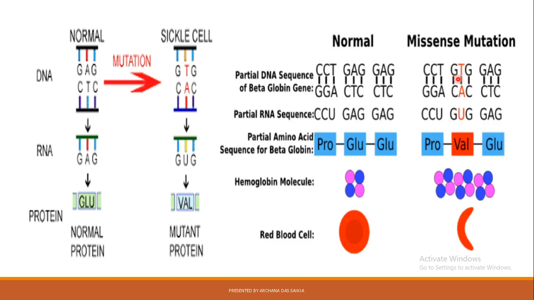So it runs down in the family. This defective gene will run down in the family, and if coincidentally both the parents have one gene with the defect, they are likely to produce an offspring in whom the homozygous form will appear, and the person will suffer from sickle cell anemia.